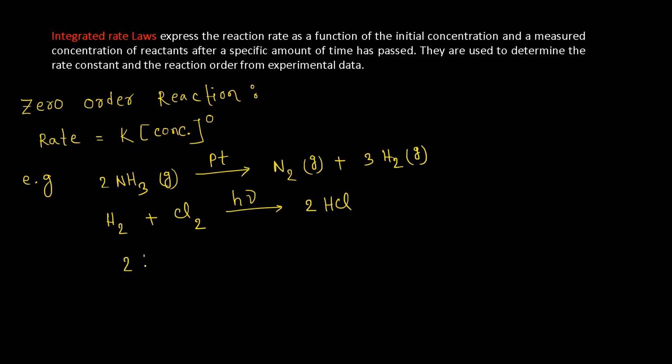The decomposition of hydrogen iodide at gold surface gives us hydrogen and iodine. The decomposition of nitrous oxide at platinum surface will give us nitrogen and oxygen.